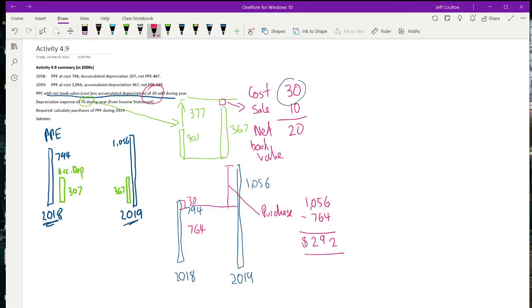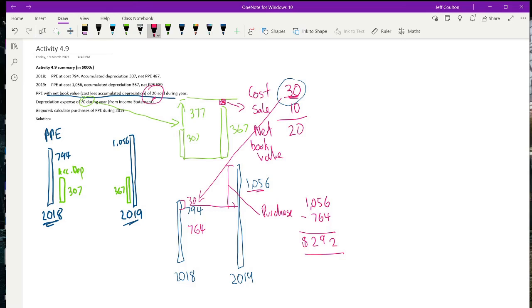So again, what's our process? It's to determine the impact of this sale on accumulated depreciation. The sale of 20 has affected accumulated depreciation by 10 and therefore the cost of PPE that we sold by 30. We then take that 30 and see how that's impacted the cost of PPE over the course of the year: it's gone down from 794 to 764, meaning that the remaining amount to get us back up to 1056 is the 292,000.